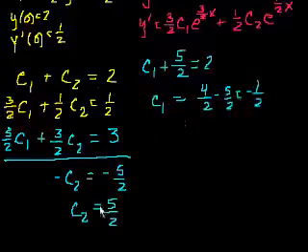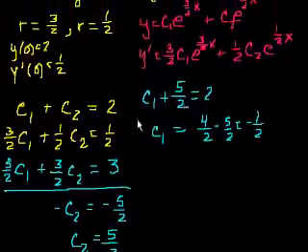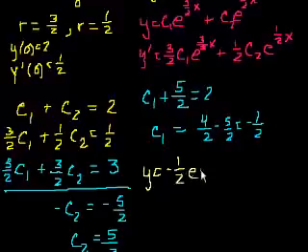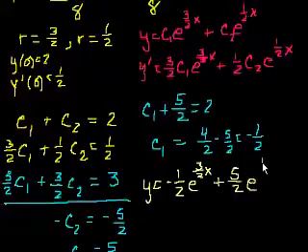And now we can just substitute c1 and c2 back into our general solution, and we have found the particular solution of this differential equation, which is y is equal to c1, which is minus 1/2, times e to the 3/2 x, plus c2, which is 5/2, times e to the 1/2 x. And we are done.